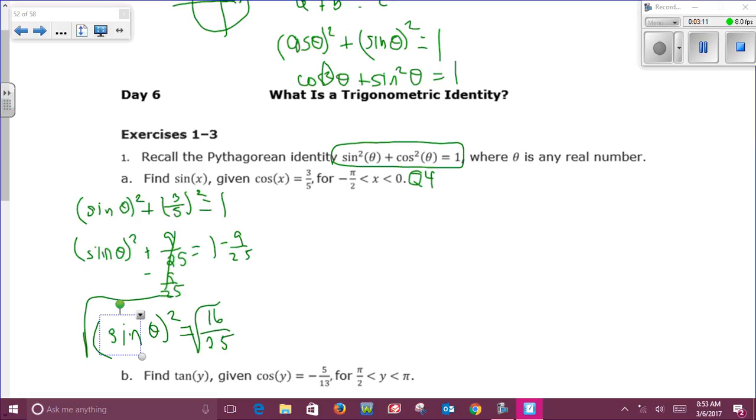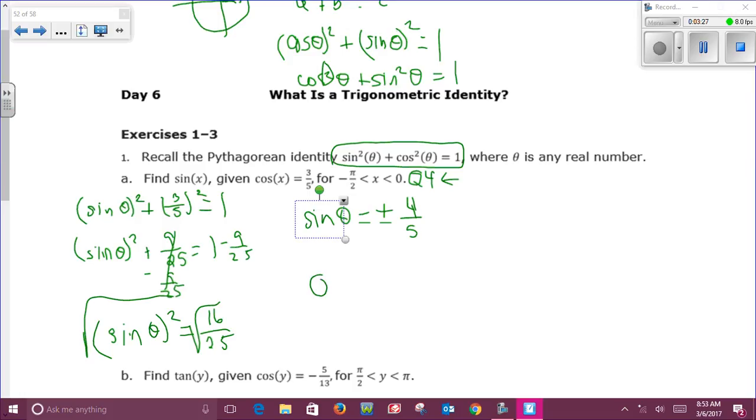And since that sine's squared, we need to take the square root. So the sine of theta is equal to plus or minus 4/5.